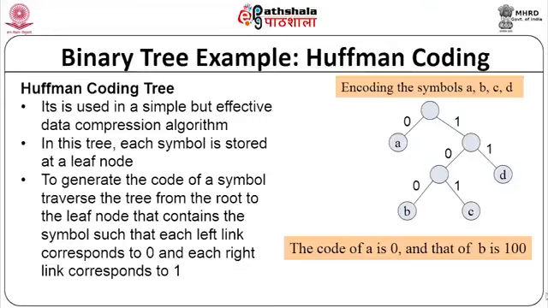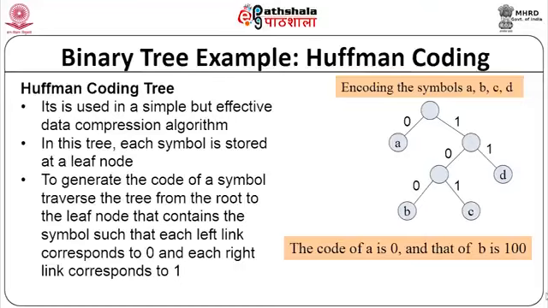Now, to generate the code of a symbol, you traverse the tree from the root and reach the leaf that contains the symbol, such that each left link corresponds to 0 and each right link corresponds to 1. So, the code of A is 0, the code of B is 100, the code of C is 101, and the code of D is 11.